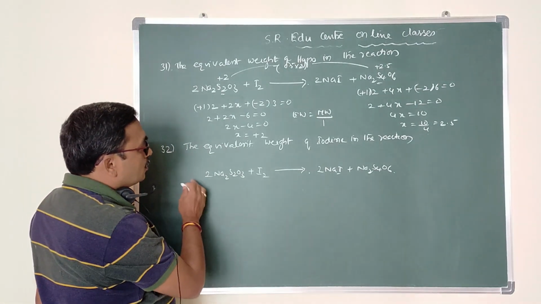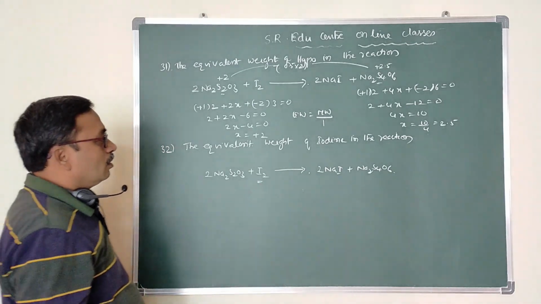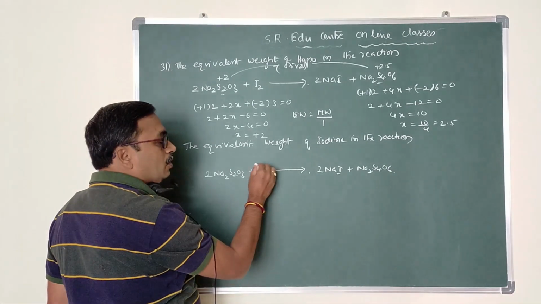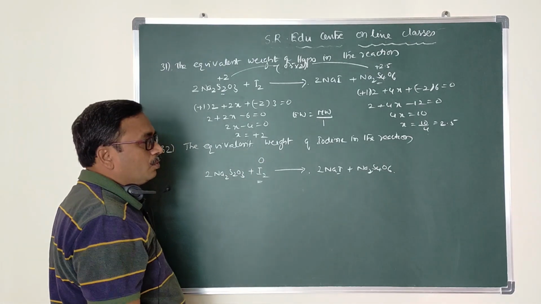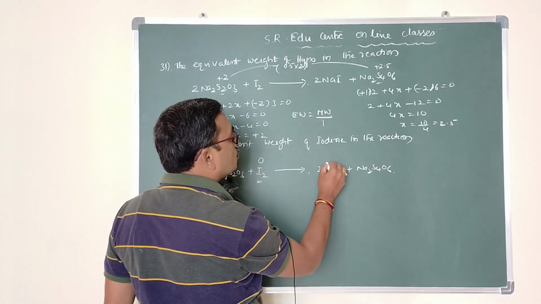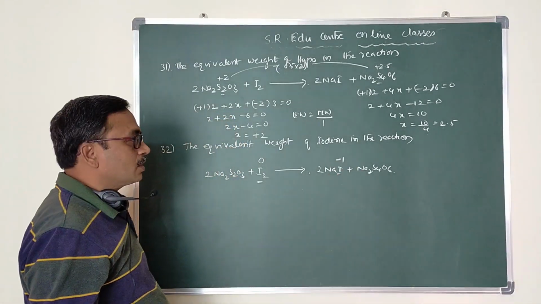In question number 32, we have to find the equivalent weight of iodine. So this is molecular or elemental iodine, so its oxidation state is 0. In sodium iodide, sodium has +1 oxidation state and iodine has -1 oxidation state.